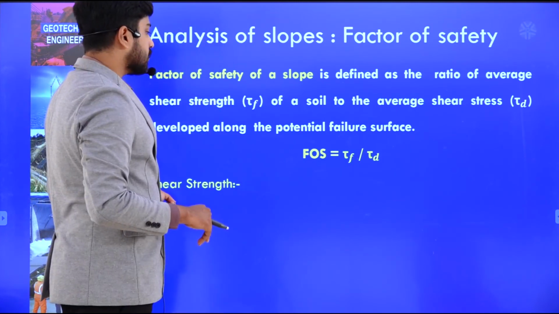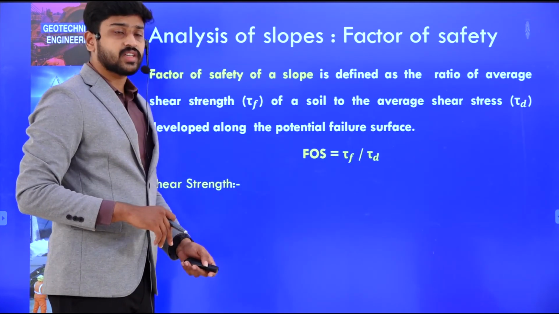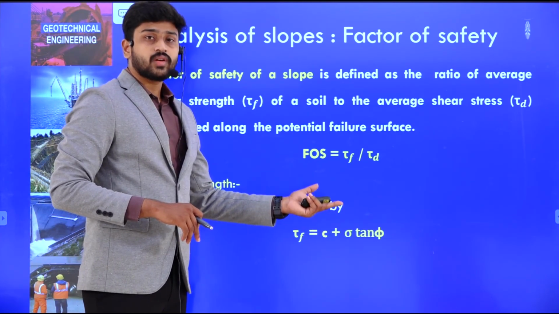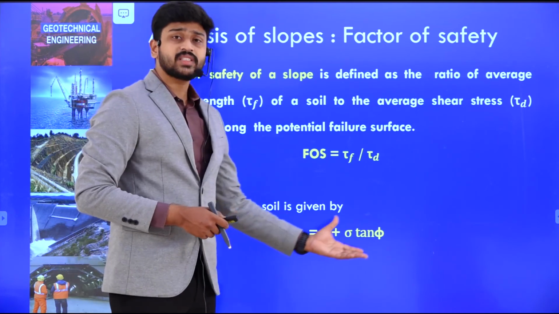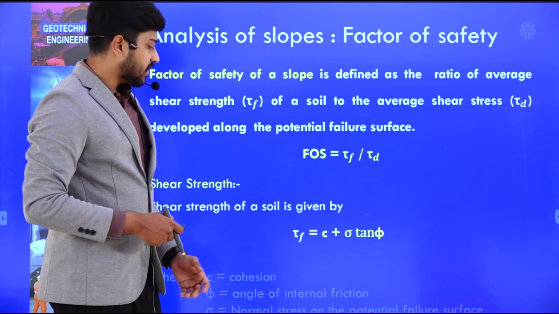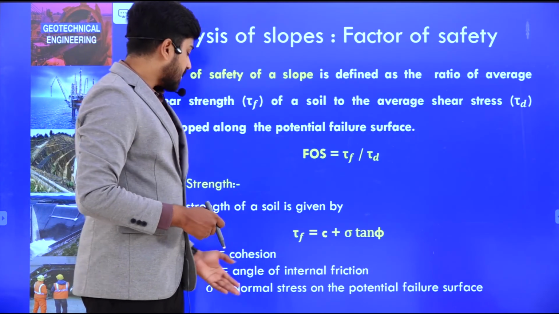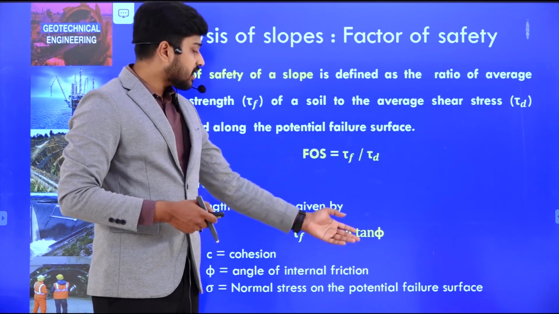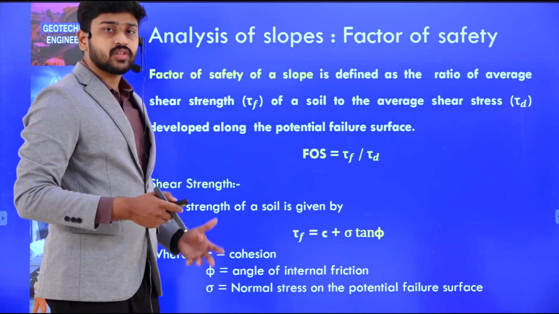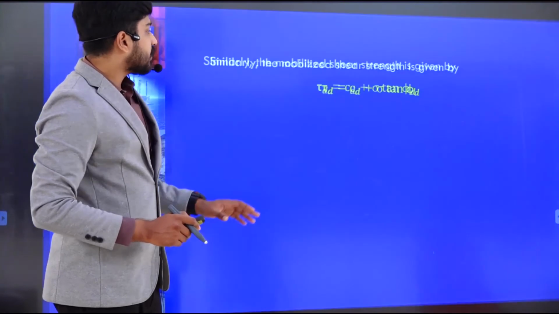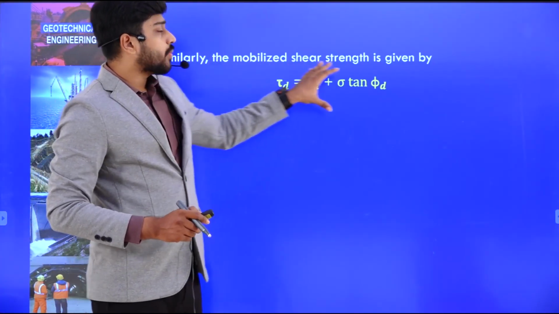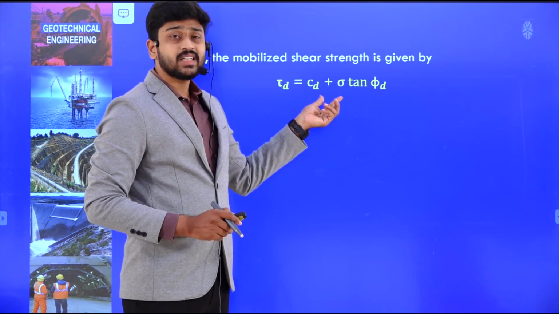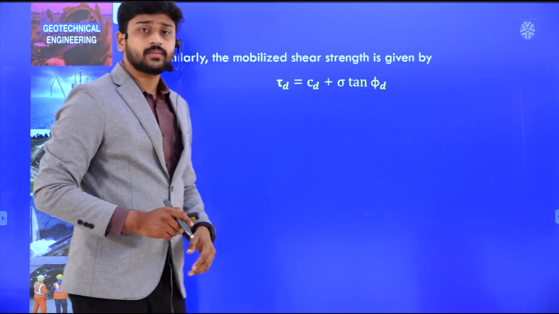Coming to the shear strength, the shear strength of the soil is defined simply as C plus sigma tan phi, where C is the mobilized cohesion, sigma is the normal stress along the potential failure plane, and phi is the angle of internal resistance. So this is what we know. Apart from that, the mobilized shear strength is given by tau d equals C d plus sigma tan phi d.